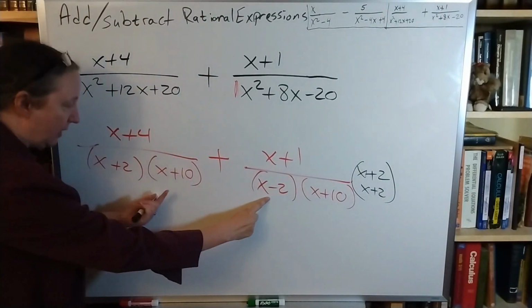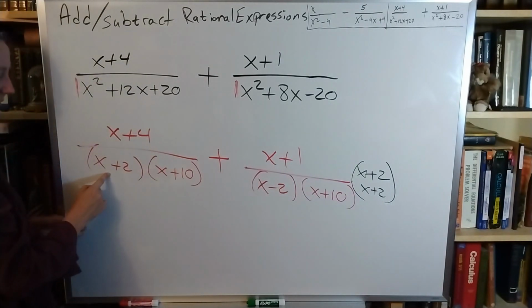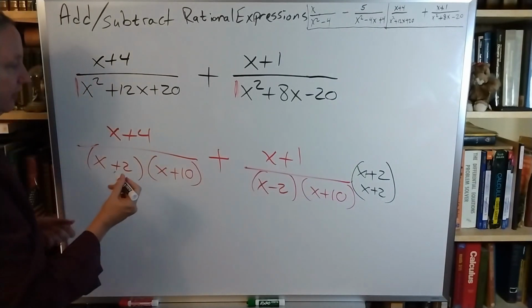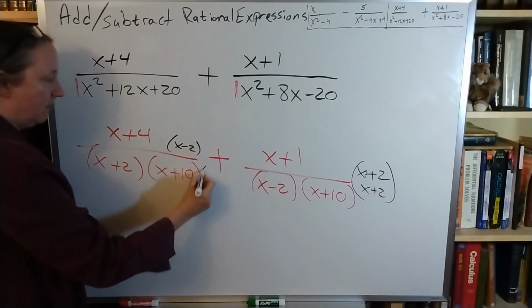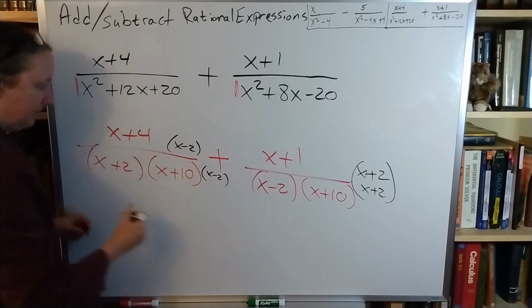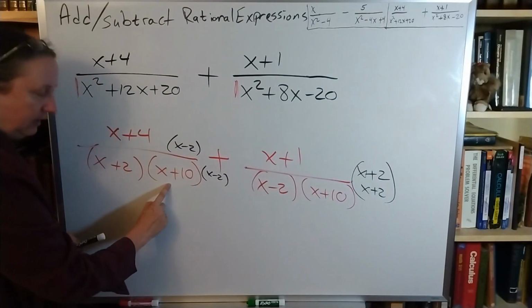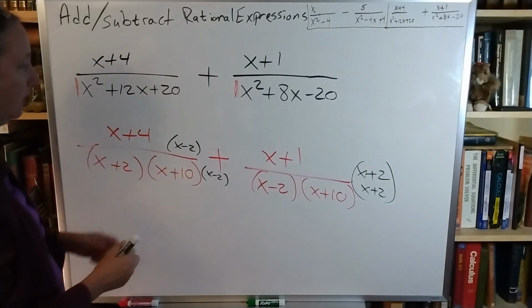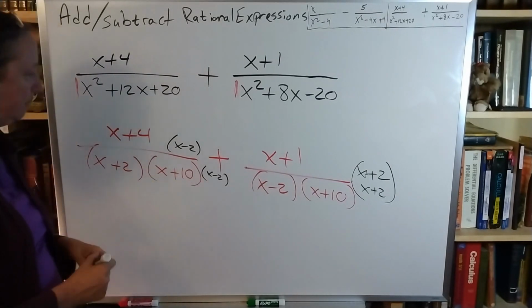Okay, so I'm looking at that. Do I have an x minus 2 over here? No, that's a plus. So I need to multiply x minus 2 in. x plus 10, do I have one over here? Yeah, that's okay. So now I know how to find my common denominator. It's that times that times that.